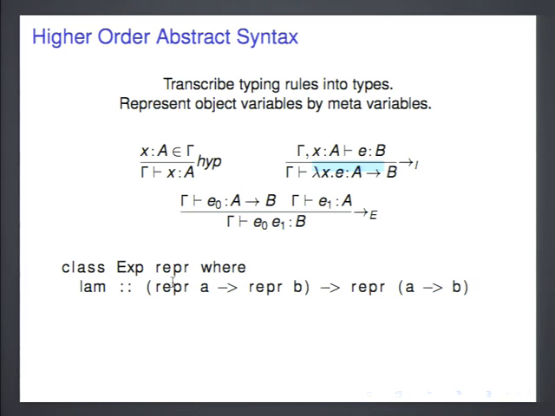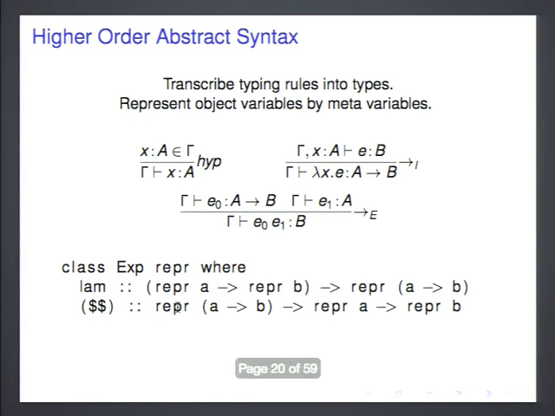So repr A is going to be some term of type A, and repr B is some term of type B. Okay. And then for application, it's the same thing. So you've got a term of type A arrow B, right? And a term of type A, and you get back a term of type B.